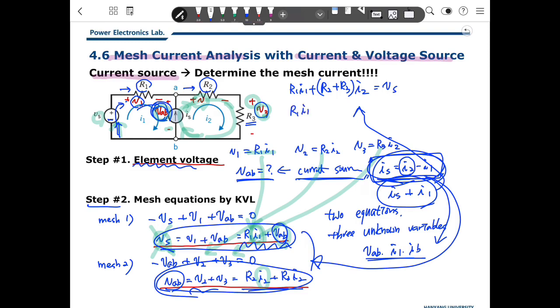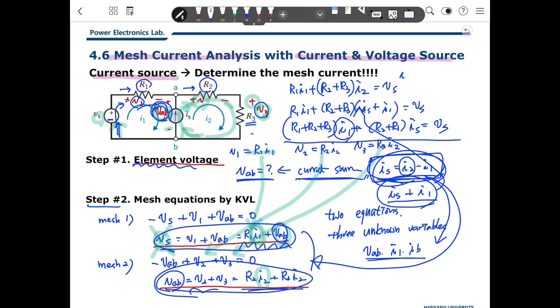So R1 I1 plus R2 plus R3 times IS plus I1 will be VS. So R1 plus R2 plus R3 times I1, plus R2 plus R3 times IS, will be VS. Based on this, I1 will be VS minus R2 plus, oh excuse me, this is not 2, those are 3, R3 IS, divided by R1 plus R2 plus R3.